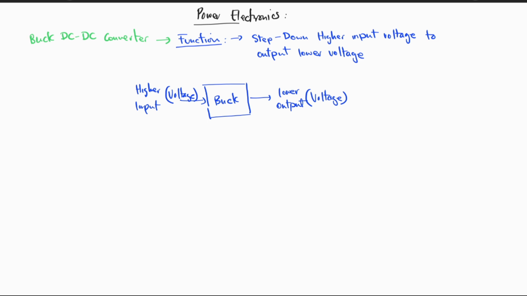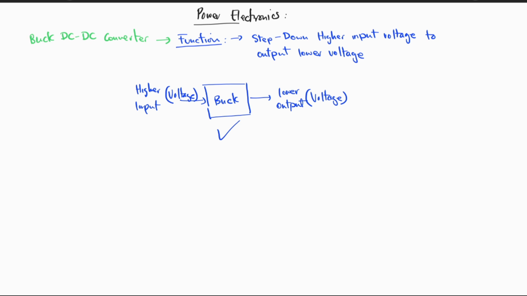If you are working on any circuit or any power electronic device that requires a lower output voltage, then you will choose the buck converter, because the buck converter has the ability to convert the higher input voltage into the lower output voltage.